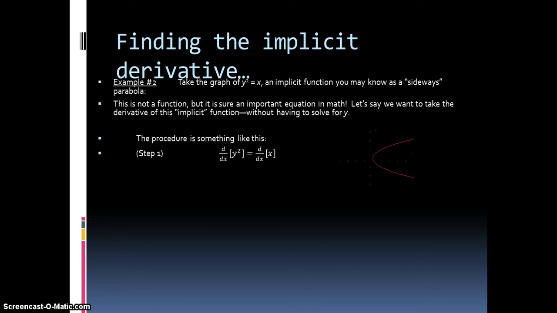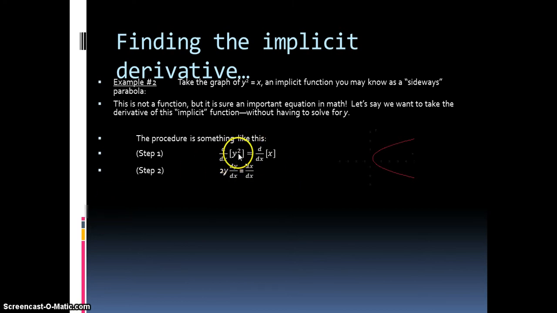We take the derivative of both sides: the derivative with respect to x of y squared, and the derivative with respect to x of x. The derivative of x with respect to x is the easy part here; it's just going to be 1, dx over dx.